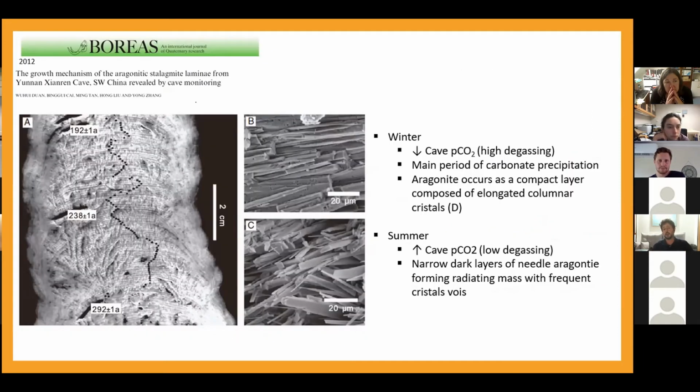This is another study showing annual lamina, a petrographic lamination based on variation in the fabric of aragonite. All these layers are made of aragonite. Basically we have laminae, the white, thicker laminae, that also precipitate during the winter when KpCO2 is lower, and then there is more degassing.